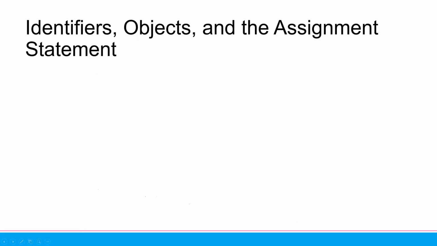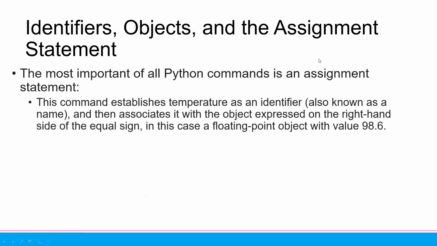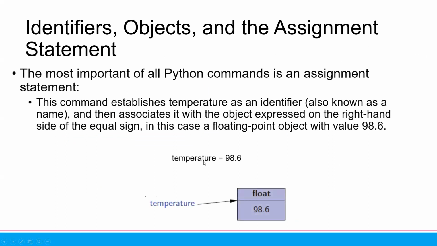So we need to understand the identifiers, objects, and the assignment statement. The most important of all Python commands is an assignment statement. So in this example, temperature equals 98.6. It means the command establishes this temperature as an identifier. Identifier, we call it the variable name.